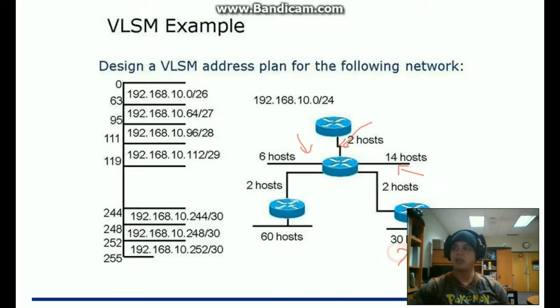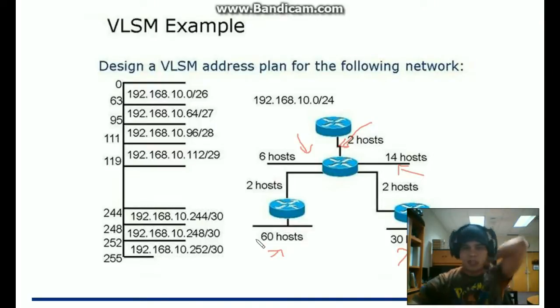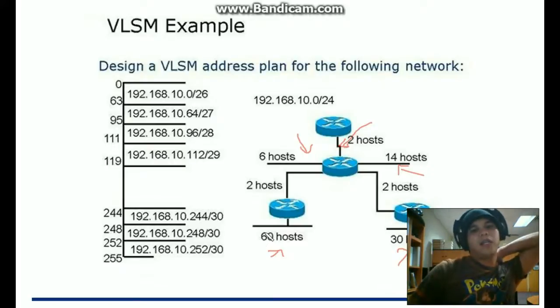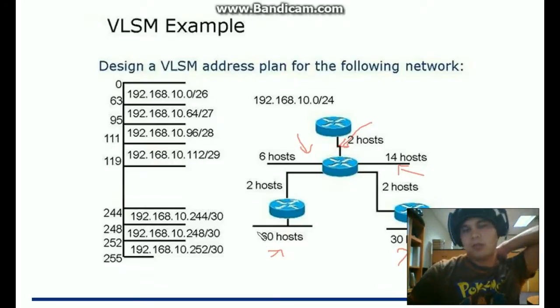If we were given this topology and we're the network engineer and they say, we need a subnet mask that can fit everything in here, how does this work? We have to look at our biggest subnet and give a subnet mask for our biggest subnetwork. So we need 64 hosts. How do we create a subnet mask for 64 hosts?